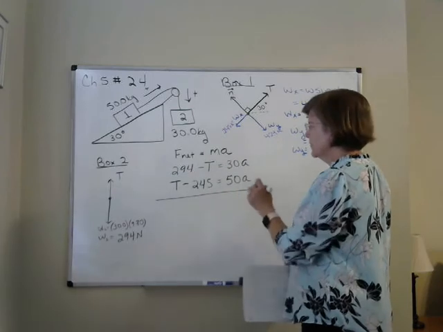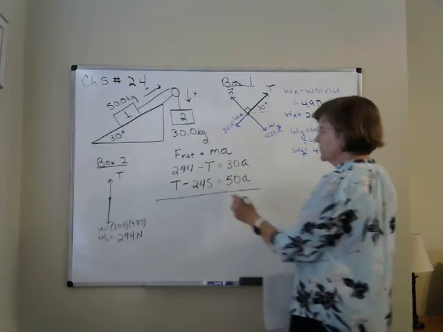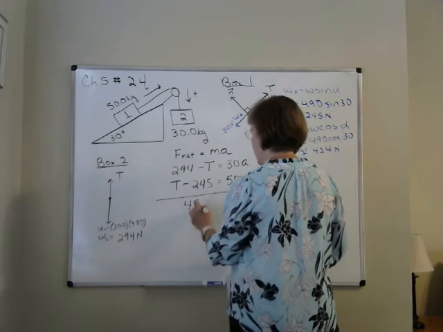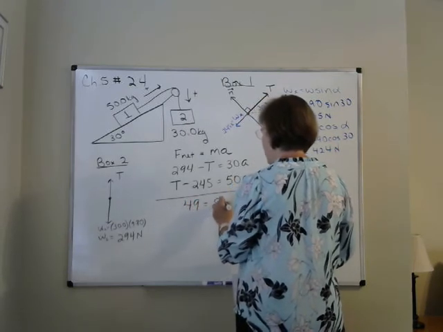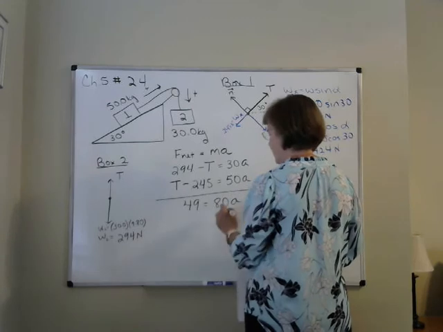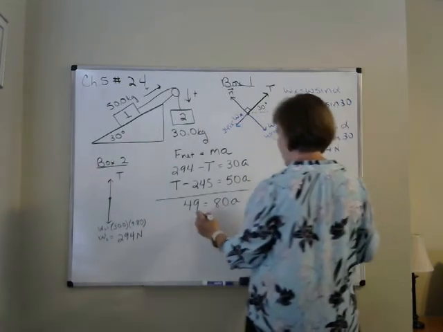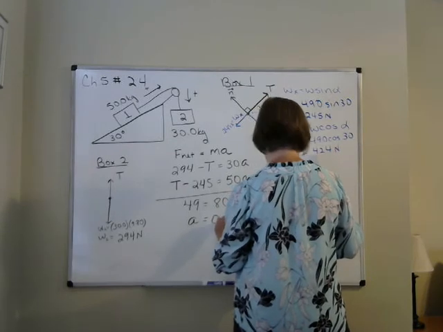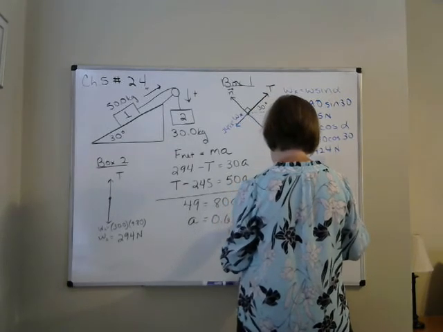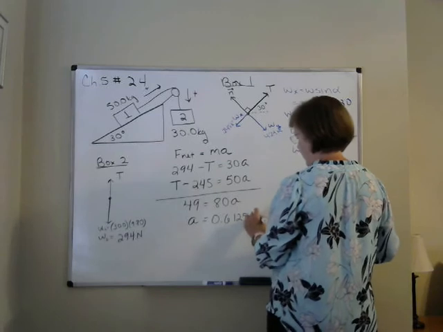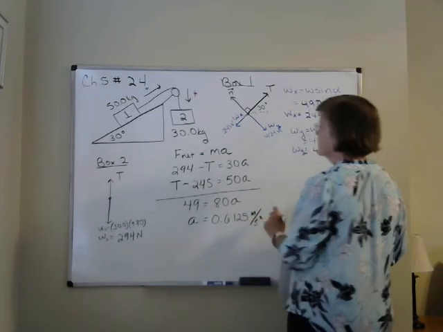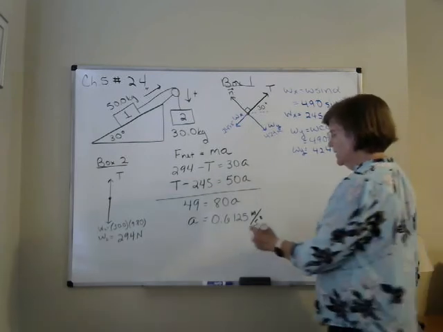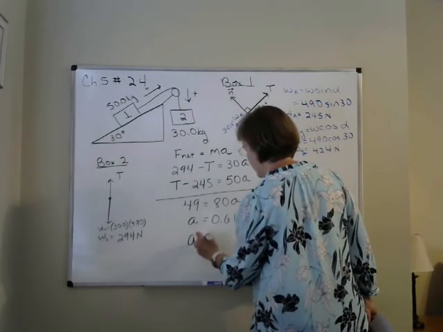I'm going to get 294 minus 245, which is going to be 49, equal 80A. And when I do 49 divided by 80, I get A is equal to 0.6125 meters per second squared. Now that's too many significant digits. The problem had 3. So we're going to write 3 for our answer.